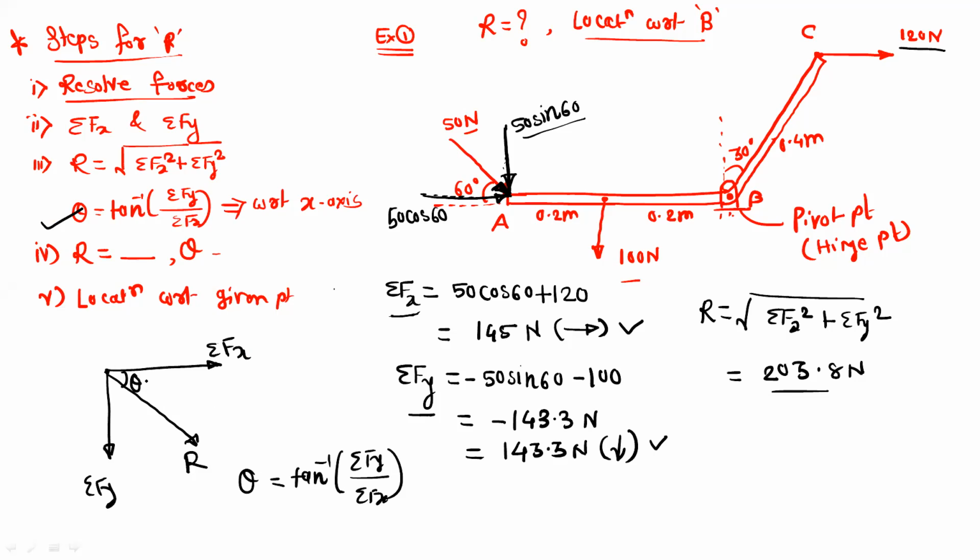So we are only interested in this theta value. So put the values, 143 divided by 145, and you will get the theta value as 44.66 degrees. So this angle is 44.66 degrees. Is it clear to you up to this step? If you have any doubt, you can directly ask.